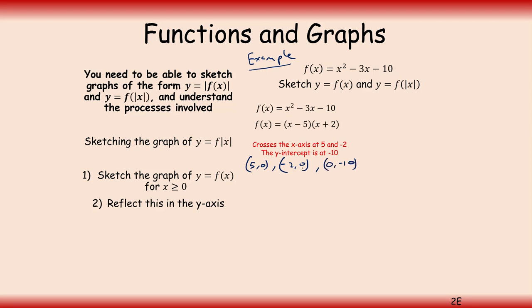So those are 3 points where it crosses the axes, and we sketched it before and it's exactly the same. But this time we're going to reflect this in the y-axis. So in the y-axis here, everything where x is greater than 0 is going to be reflected in the y-axis. So let's have a look at that then.